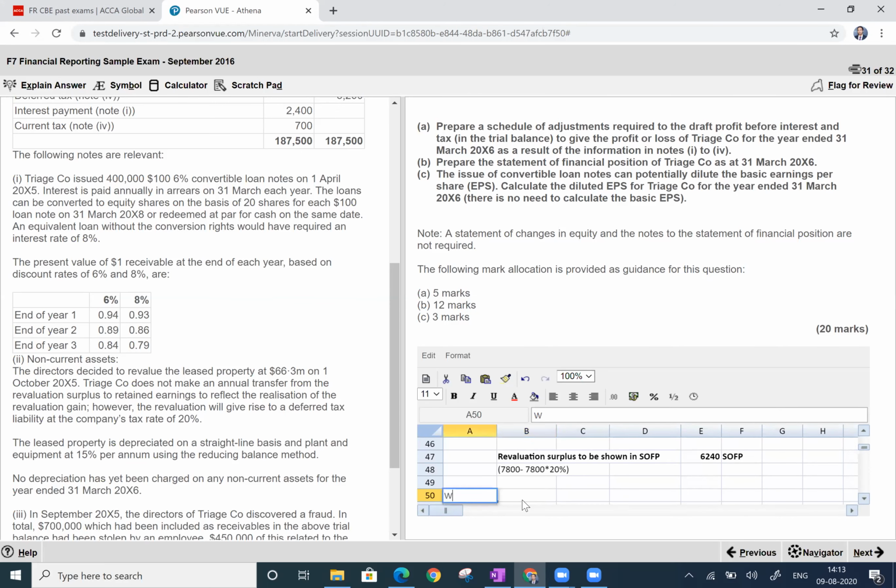Working note number 3. Everyone please listen. Working note number 3. Depreciation of leased property. I'm just simply saying depreciation. So first we are going to calculate depreciation of leased property.